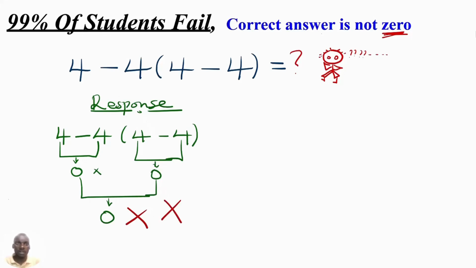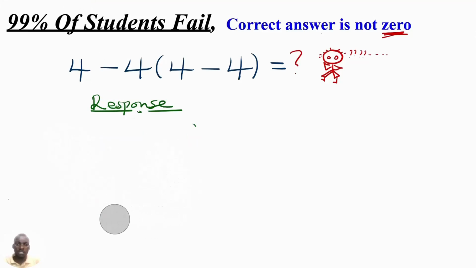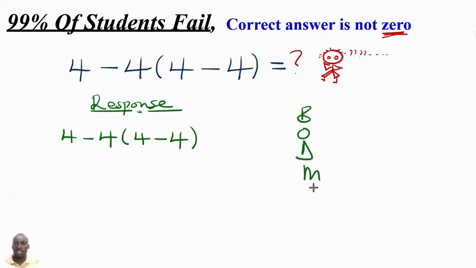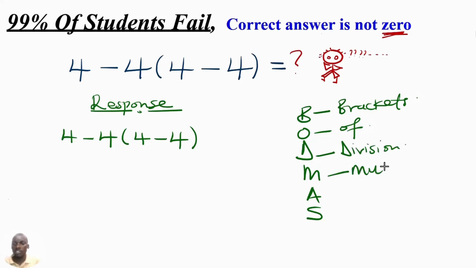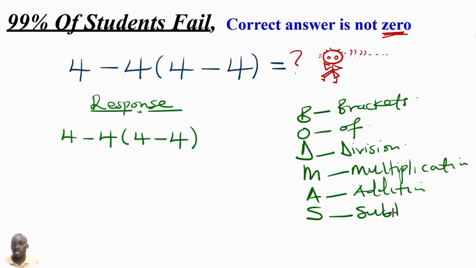Let us have the correct response so that we can understand how to simplify it in the correct way. As we have 4 minus 4 into the bracket 4 minus 4, we are going to follow BODMAS. The acronym is here, whereby B stands for brackets, O for of, D for division, M for multiplication, A for addition, and lastly S stands for subtraction.